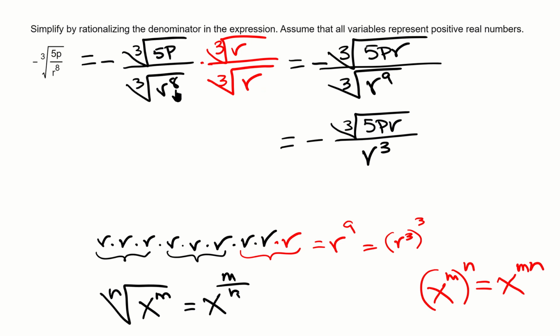We can know that that's 9, and therefore all we have to do to go from r to the 8 to that perfect cube expression is to multiply by r. That's the reasoning that you want to use, so that you don't have to do this every time.